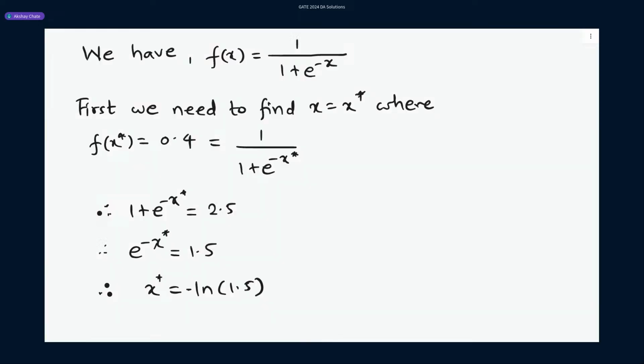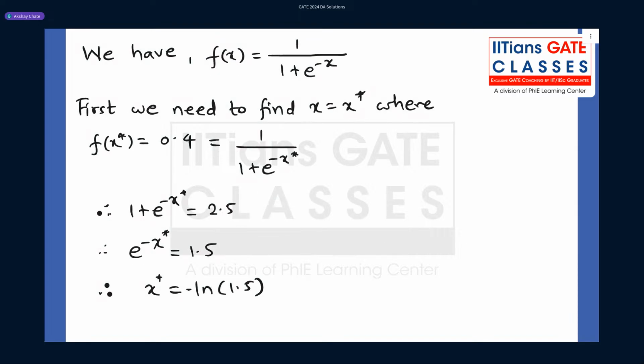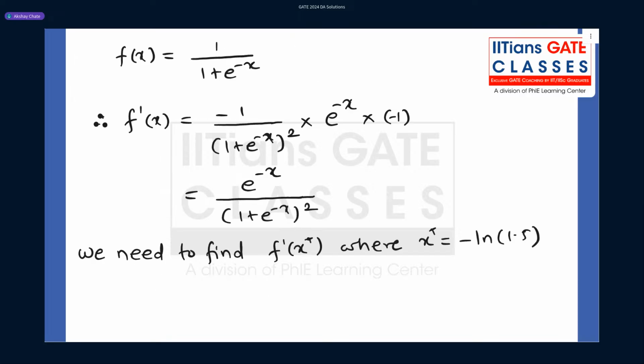But see, there is a trick here. You don't need to do all the calculations. If you name this result as equation 1, you know that e to the power minus x star is 1.5. And that's all you need, right? Because here you need e to the power minus x only. So we can use e to the power minus x star equal to 1.5.